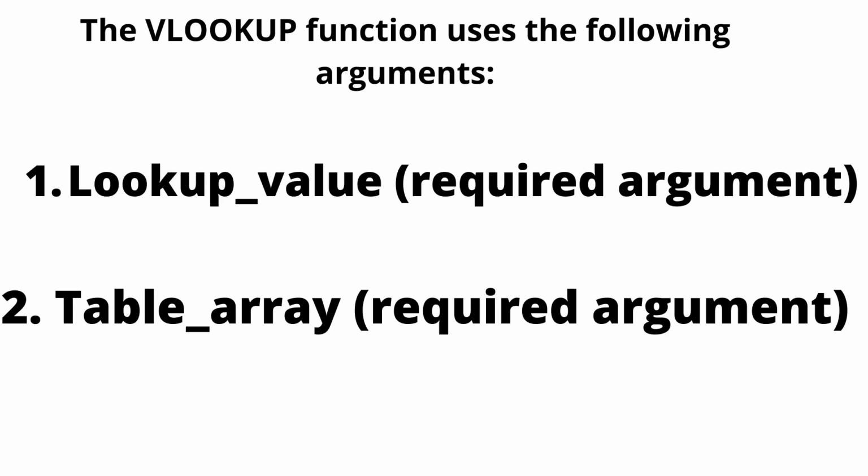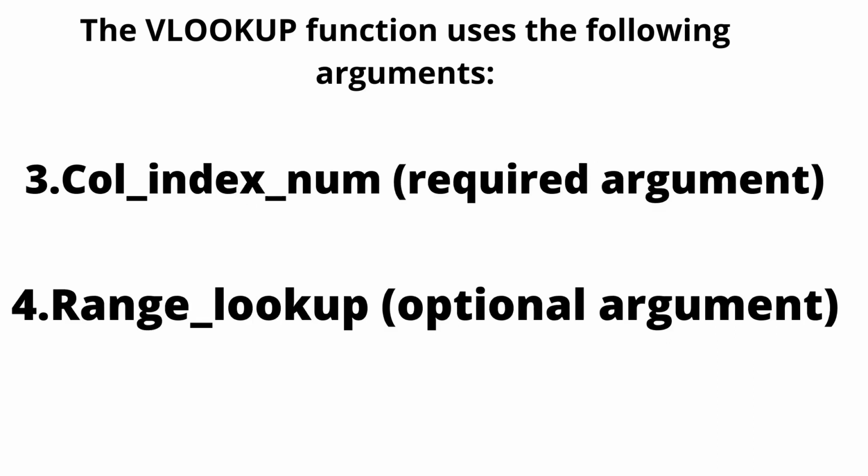Third argument, column index number. This is an integer specifying the column number of the supplied table array that you want to return a value from. And the last argument, range lookup.